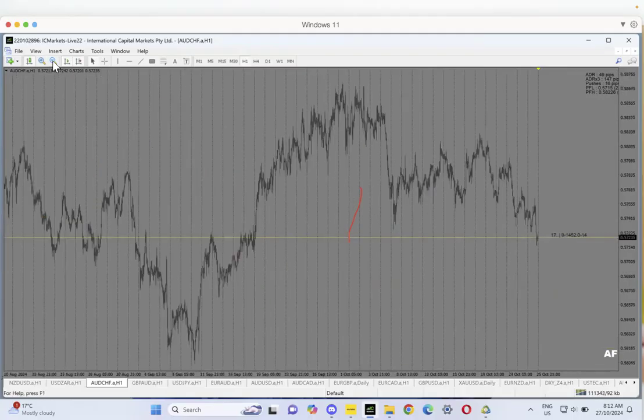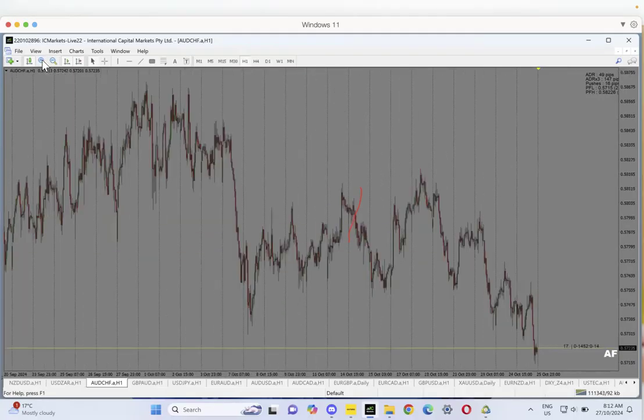What I would advise for us is when you do that D1, you can go to 4 hours and scale it down until you get to 1 hour. We can get it like that. I mark D1, mark H4, mark H1, like that.